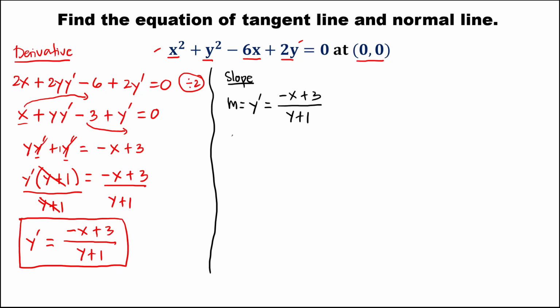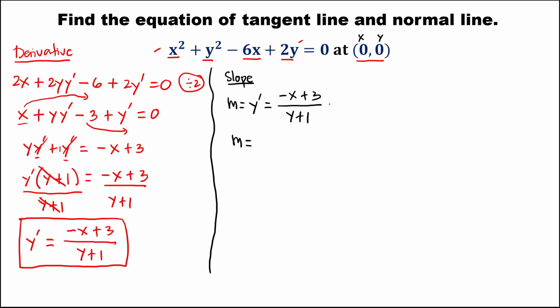From the given coordinate, x is equal to 0 and y is also equal to 0.